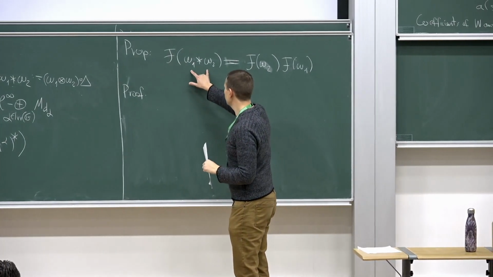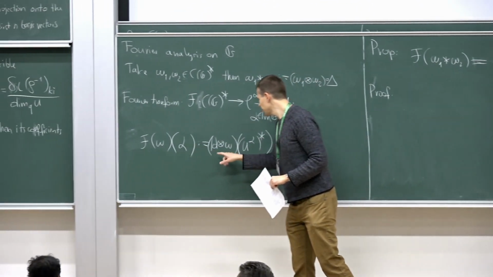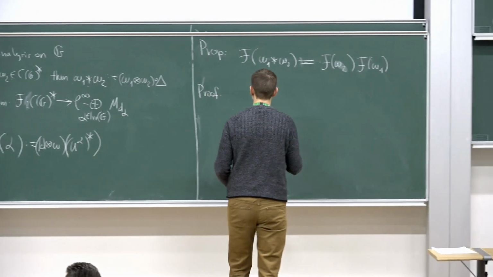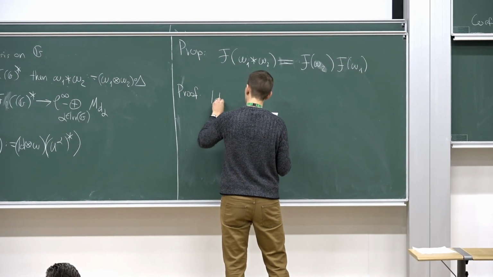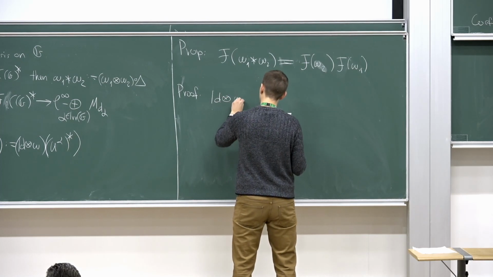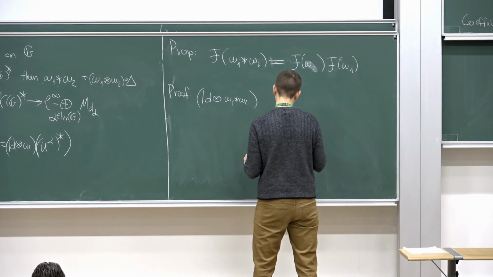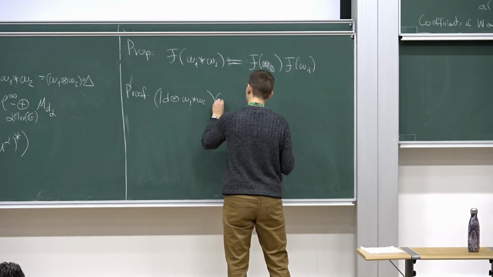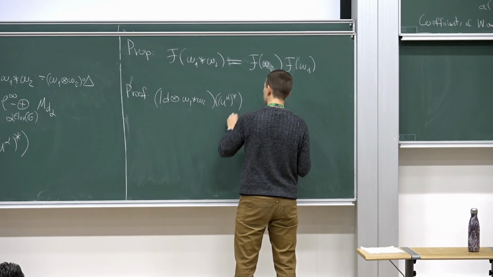So we want to look at this. We evaluate it at alpha and we apply the definition. So we have identity tensor omega 1 convolved with omega 2 applied to U alpha star.